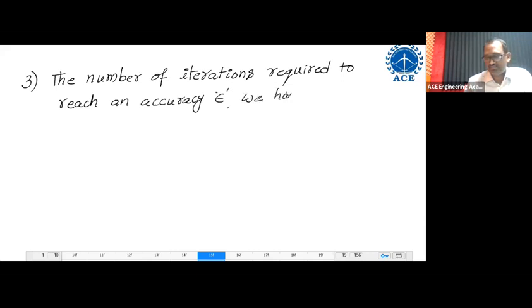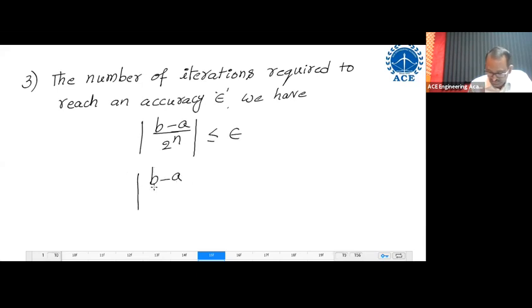We have the formula written in the second point: (b minus a) by 2 to the power of n less than or equal to epsilon. Now epsilon goes to the left side denominator, so (b minus a) by epsilon is less than or equal to 2 to the power of n.